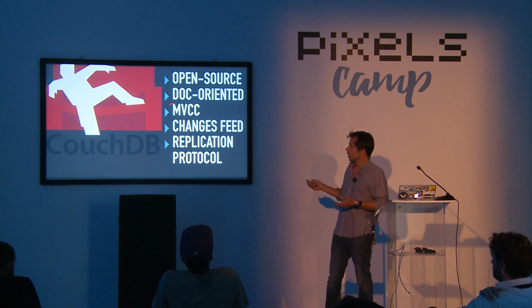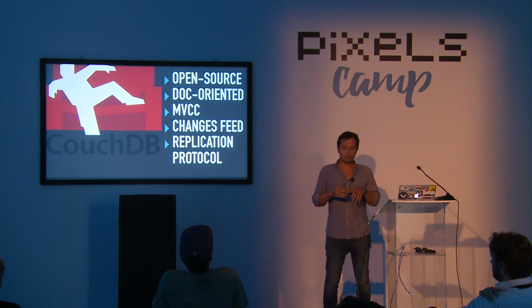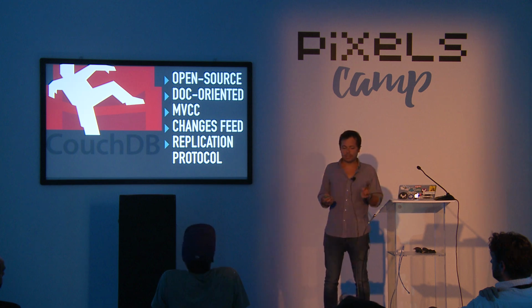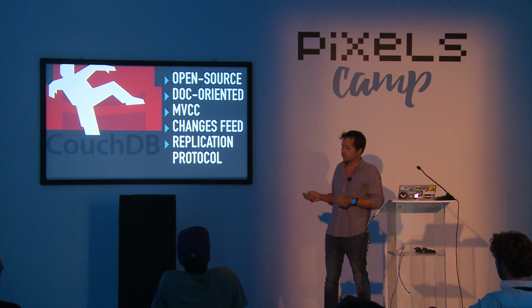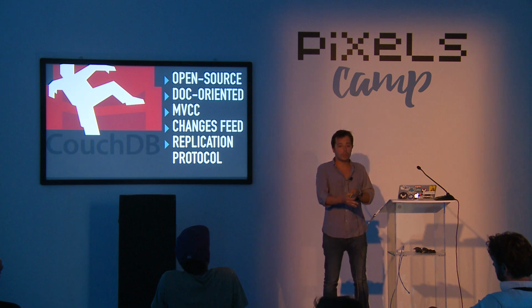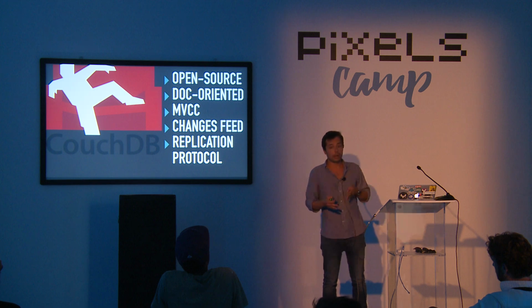It has multi-version concurrency control, which is a way to manage the concurrency. So it has a sequential version identifier, and if two clients write concurrently, one of them will win and the other one won't, and the one that doesn't has to retry.